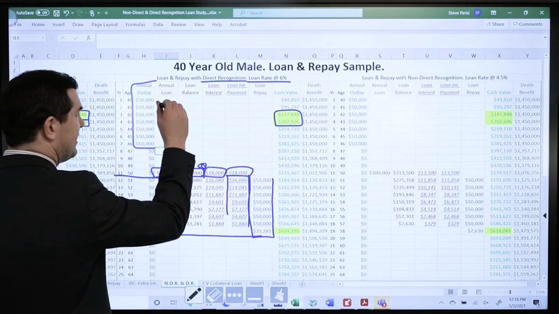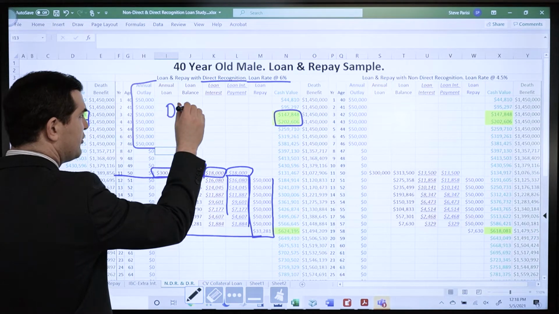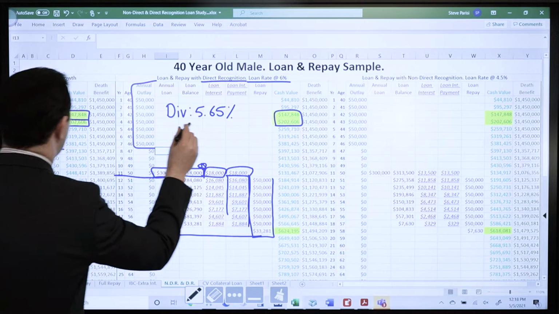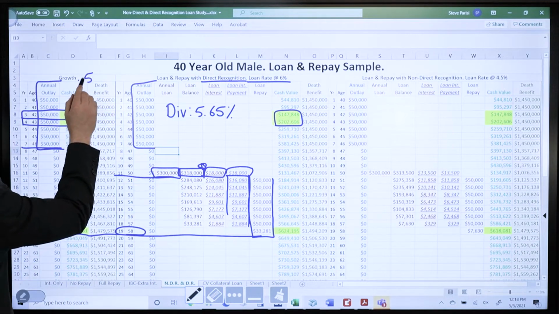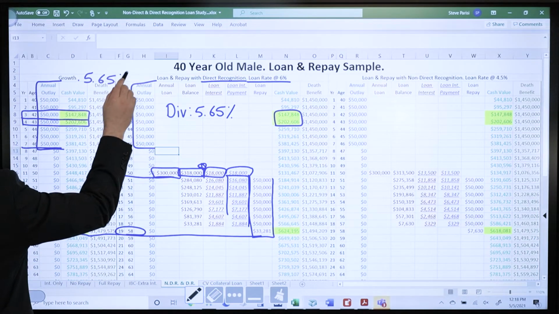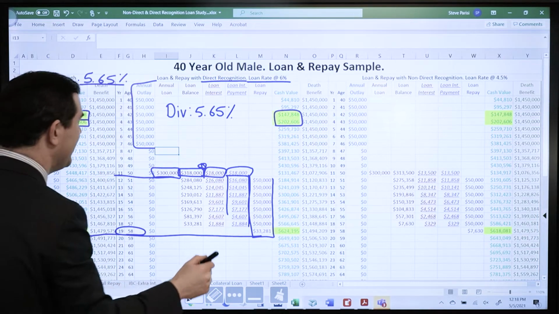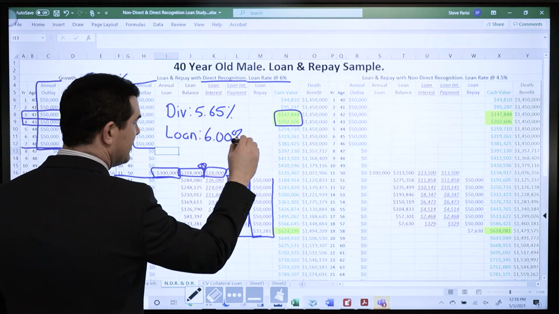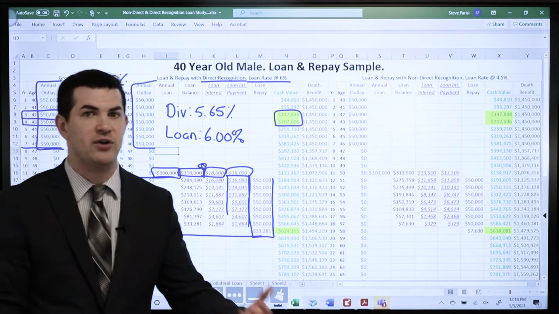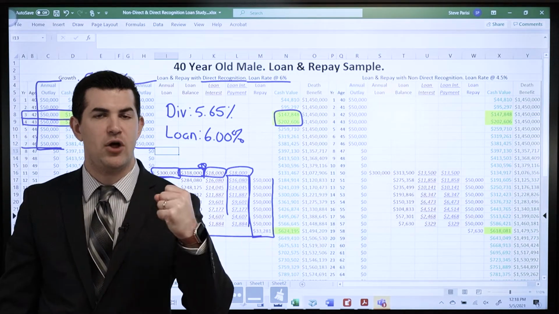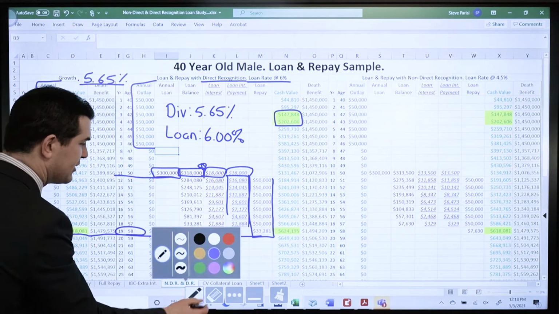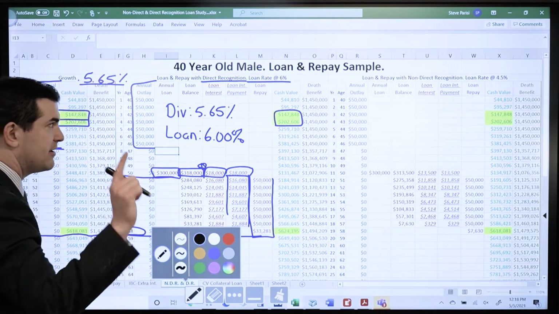The dividend rate here on the growth example is 5.65%. So you know what company this example is with. Now, the loan rate is 6%. So with that direct recognition policy, when I pull that loan out, what happens to my money? That $300,000 that is outstanding in loans, direct recognition.